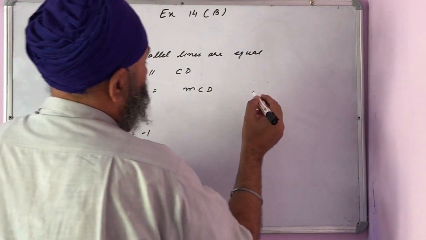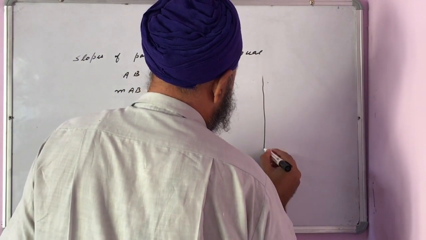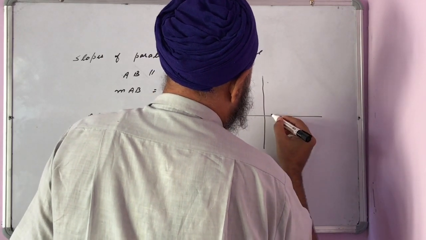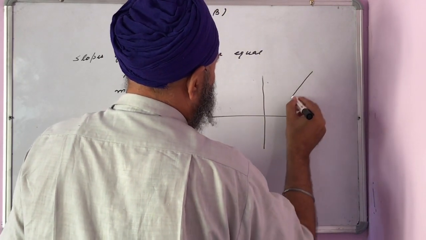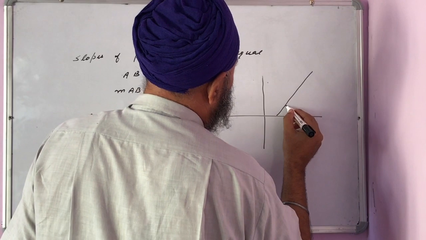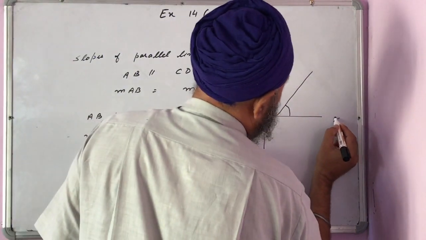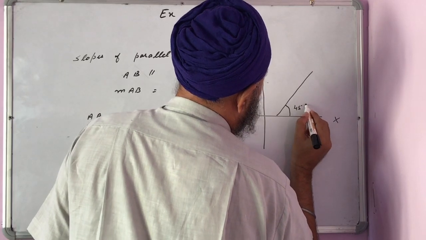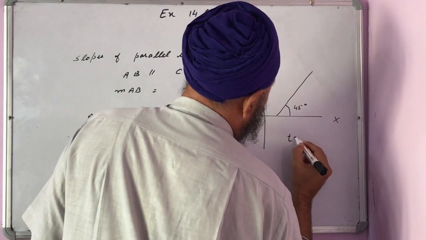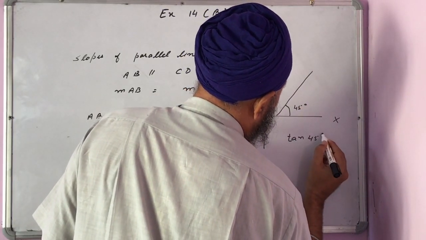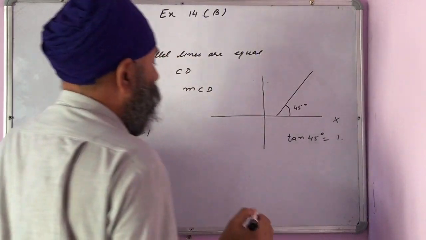Then we talk about negative slope. The slope is tan of the angle that a line makes with x-axis. Suppose this angle is 45 degree, then slope will be tan 45 degree. It is equal to 1.